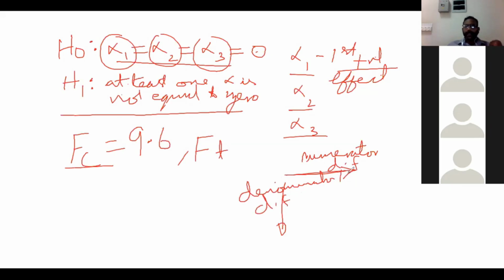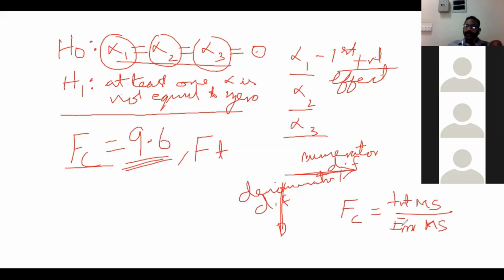F calculated is treatment mean square divided by error mean square.